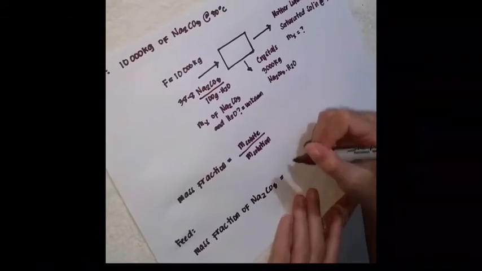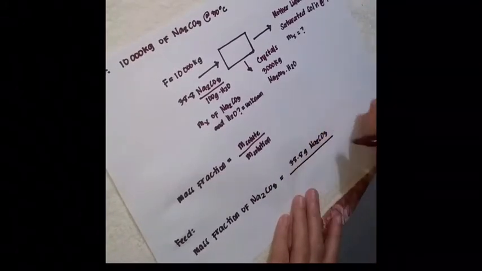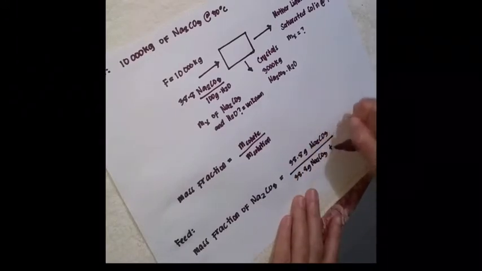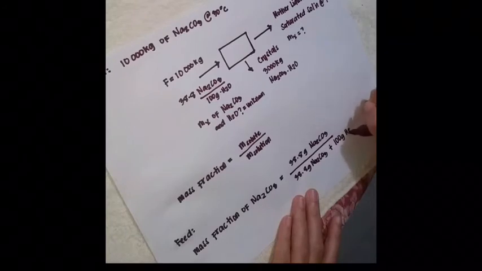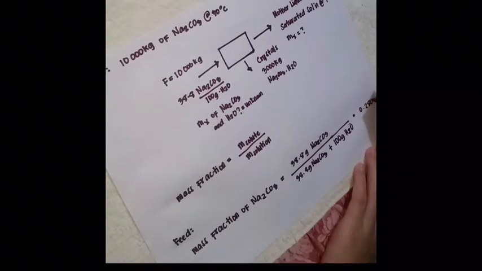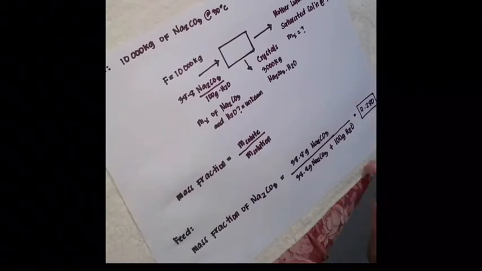So given 38.8 grams of sodium carbonate over 38.8 grams of sodium carbonate plus 100 grams of water, we get 0.280. So that is our mass fraction for sodium carbonate at feed.